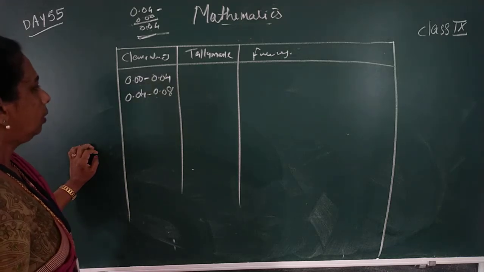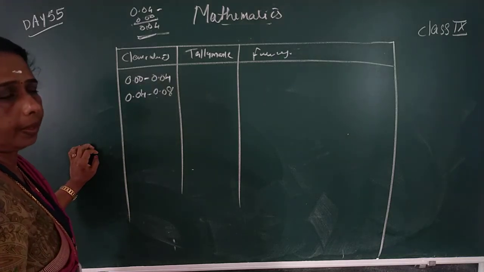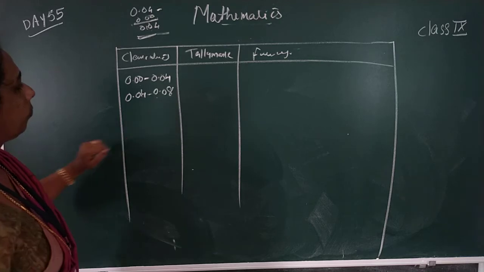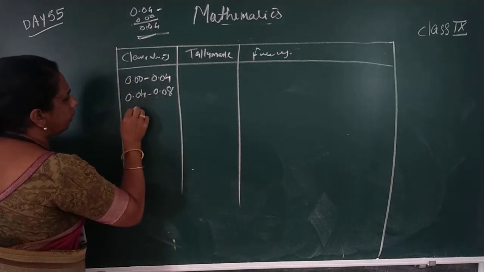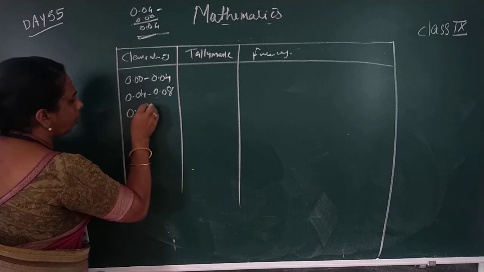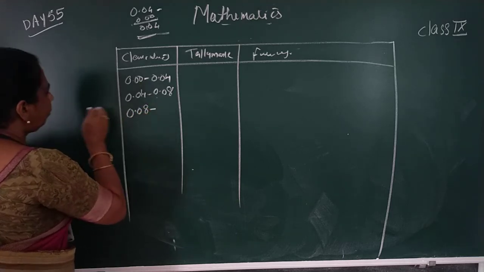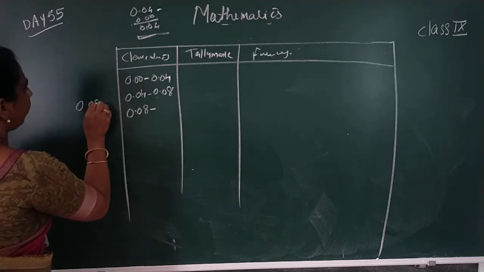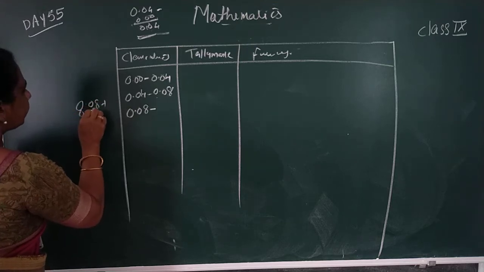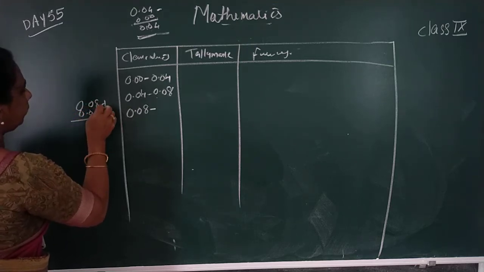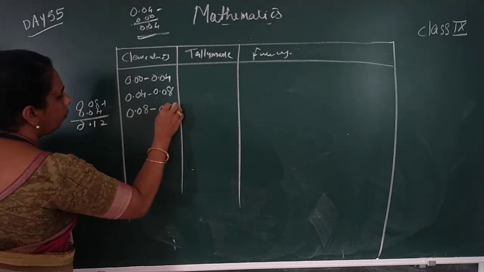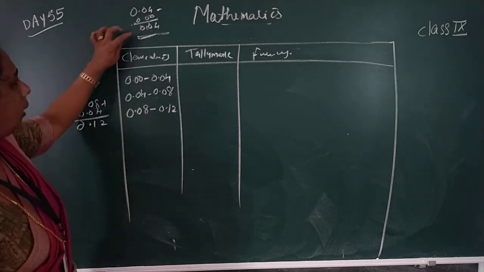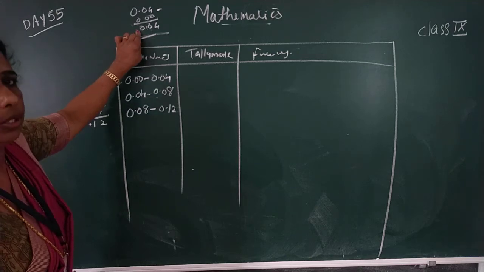0.04. Then the next one, the upper limit 0.08, so the lower limit is also 0.08. Then you have to add 0.08 plus class width 0.04 to get 0.12. What is the class size or class width? 0.04.